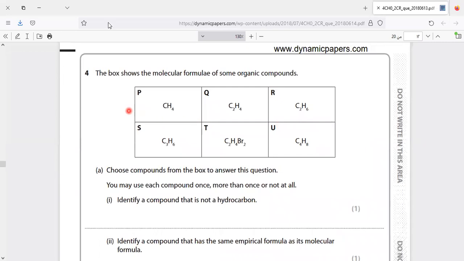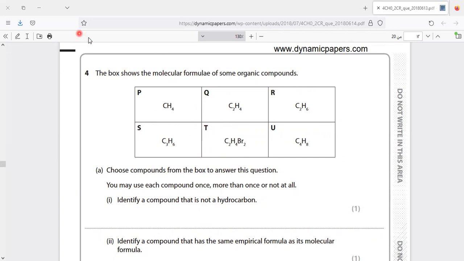Mohamed, identify a compound that is not a hydrocarbon. There is only one compound that is not a hydrocarbon. T. Why? T, because it does not contain carbon and hydrogen only.